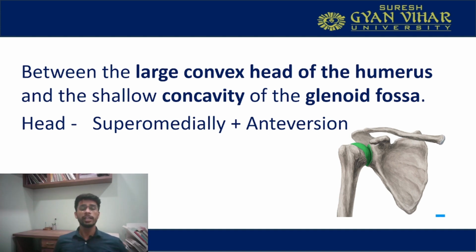Also, there are two peculiar things about the head of the humerus: it is directed superior-medially, that is, slightly superior and in the medial direction, plus it is in anteversion, which means it is rotated anteriorly because it has to accommodate the glenoid fossa of the scapula. So that is why your head of the humerus is in anteversion and in the superior-medial direction. And the two bones, your convex head of the humerus and the glenoid cavity, form the glenohumeral joint.